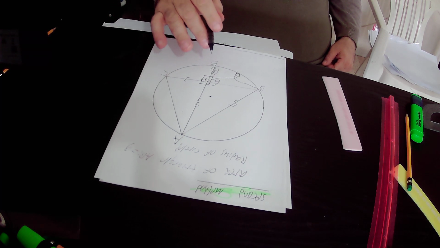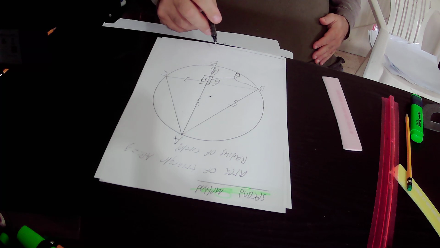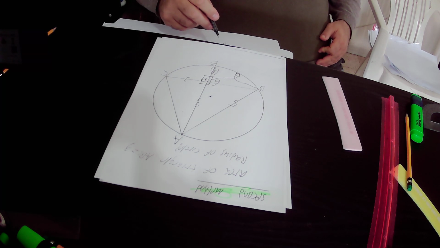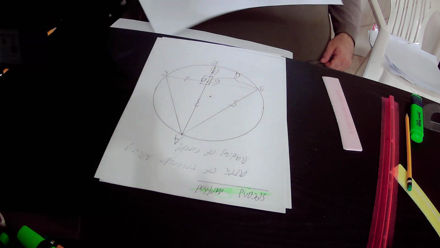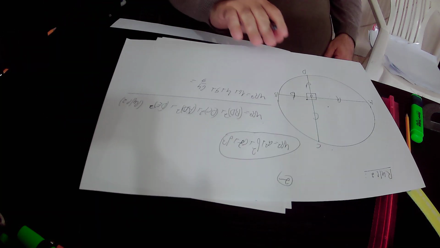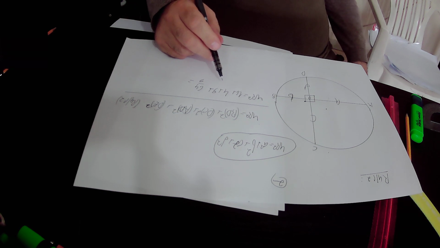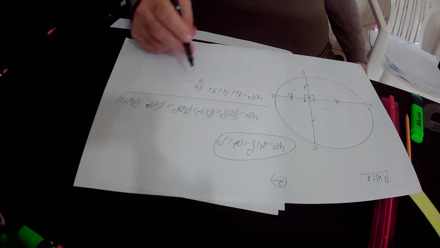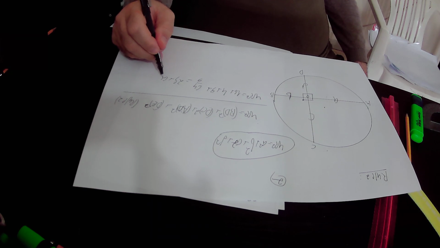AD equals 3, so AD squared is 3 squared, that is 9, plus DE squared. DE equals 8 over 3, so DE squared is 8 over 3 squared, that is to say 64 over 9. So in conclusion, we found that 4R squared equals 16 plus 4 is 20, plus 9 is 29, 29 plus 64 over 9.